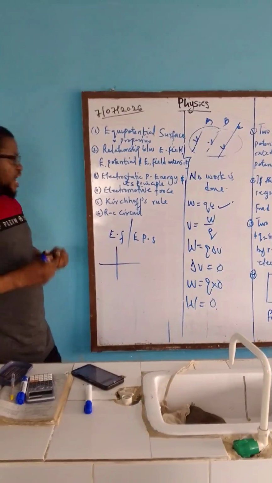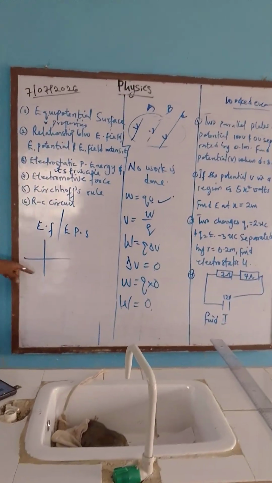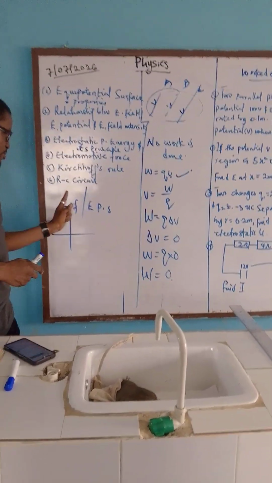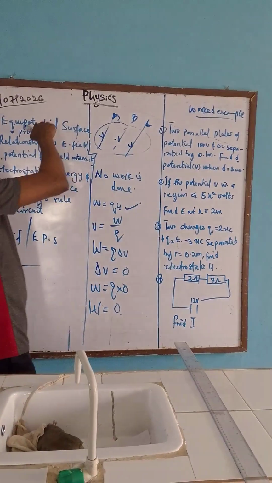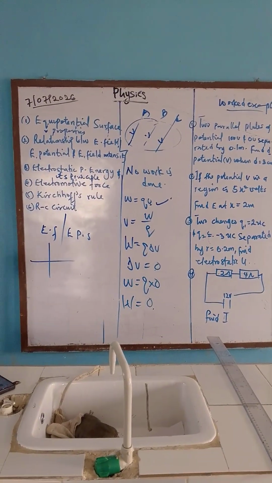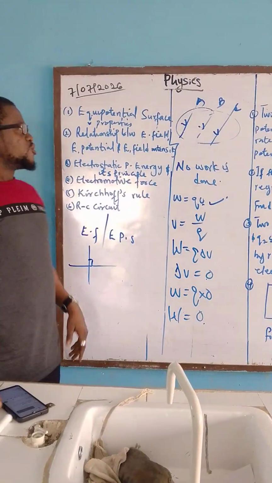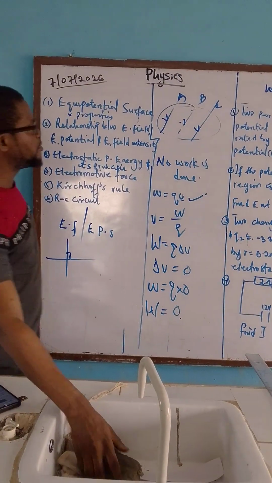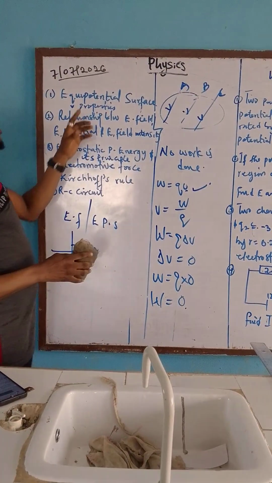Like this. And if the line representing electric field is like this, the one representing electric potential surface must be what? Like this. So between the electric field and the surface of electric potential, there is angle 90, and that 90 is what I call perpendicular. So those two properties are very important when we are talking about electric potential surface.